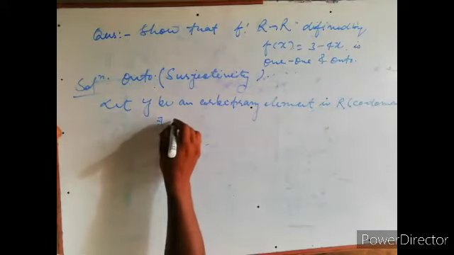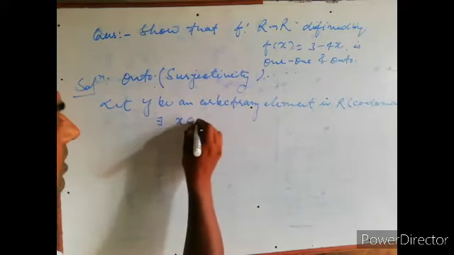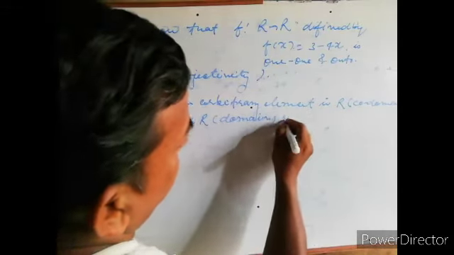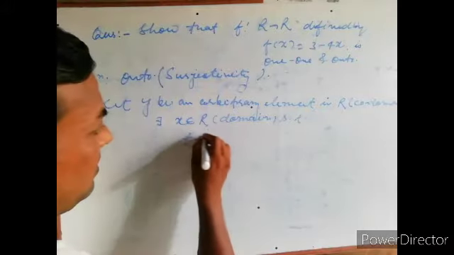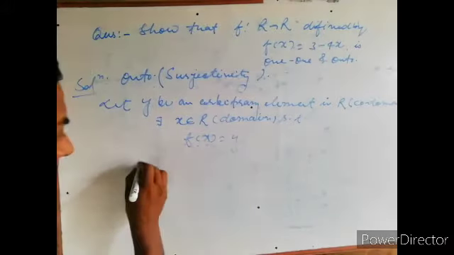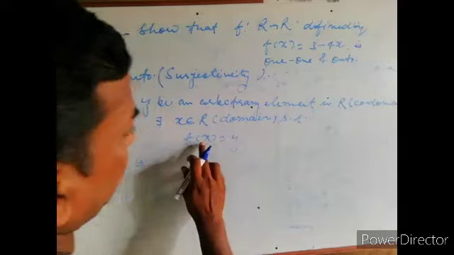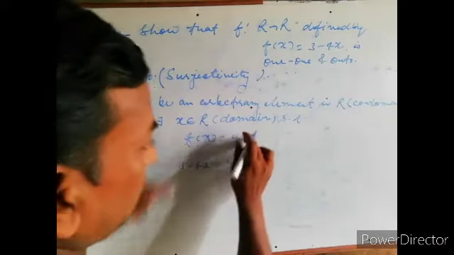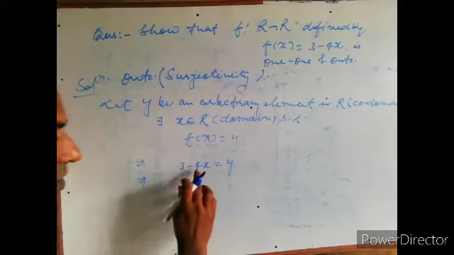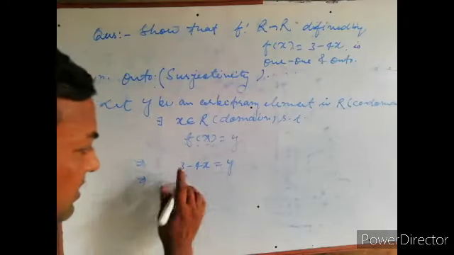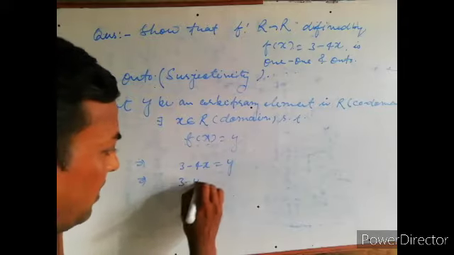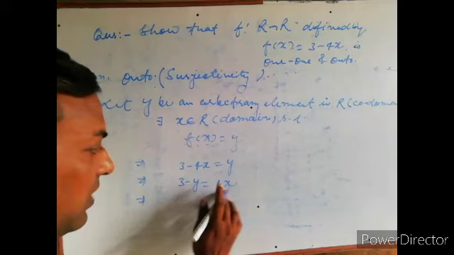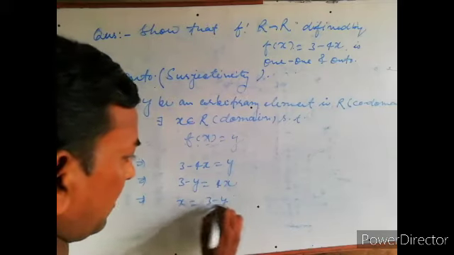Then there exists x belongs to R, that is domain, such that f of x is equal to y. Here f of x is equal to 3 minus 4x equal to y. Now transposing minus 4x to the right hand side and y to the left hand side, this implies 3 minus y is equal to 4x. After dividing by 4, we get x is equal to (3 minus y) upon 4.